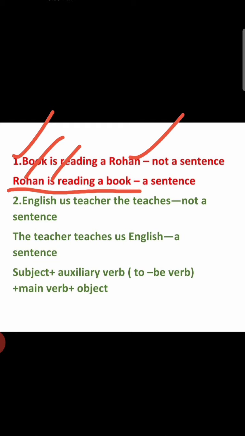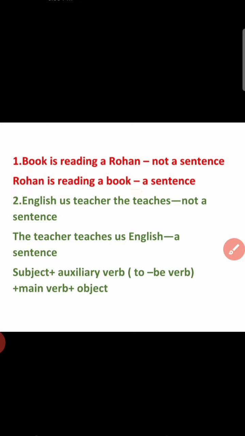So Rohan is reading. Rohan is the subject, then the auxiliary verb, next comes the main verb, next comes the object. So it makes complete sense. It expresses the complete meaning. So that is why you can call it a sentence.